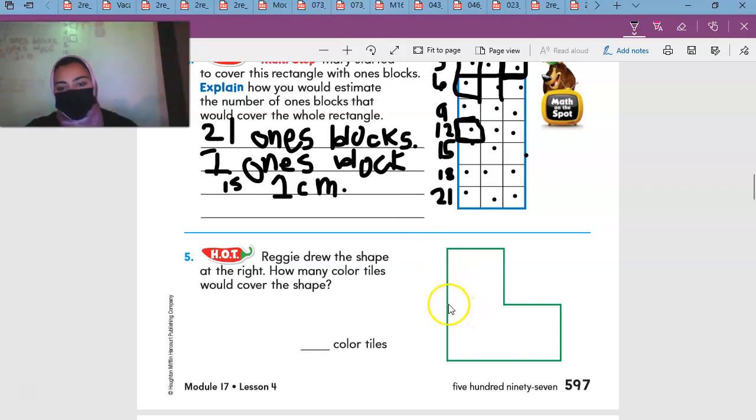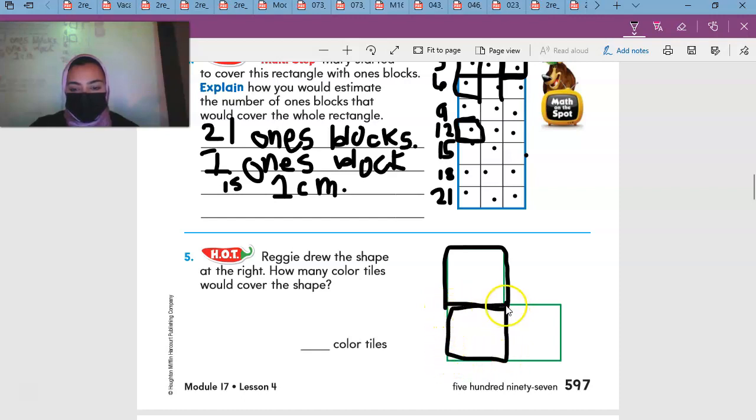Very good. 1 here, and this would be 2, and this would be 3. So how many color tiles will you need? 3. Was that really hard? No. That was easy.